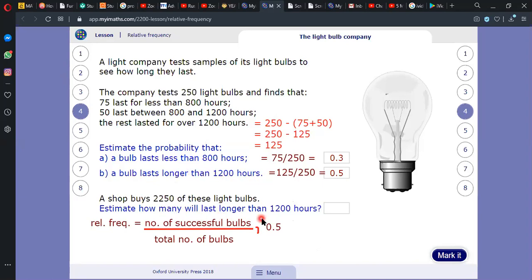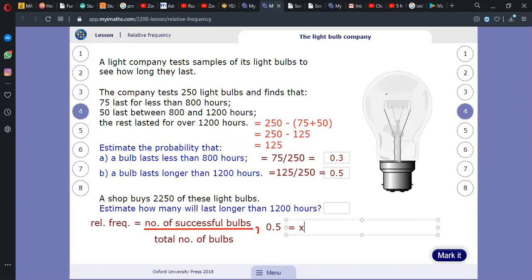So that is the relative frequency I need to use here. Anytime I mention relative frequency, understand that I'm also talking about probability, the estimated probability, not the actual one. So 0.5 is going to be equal to, based on the formula we've written down, the number of successful bulbs. That's what we are looking for. We need to know how many, so we don't know that.